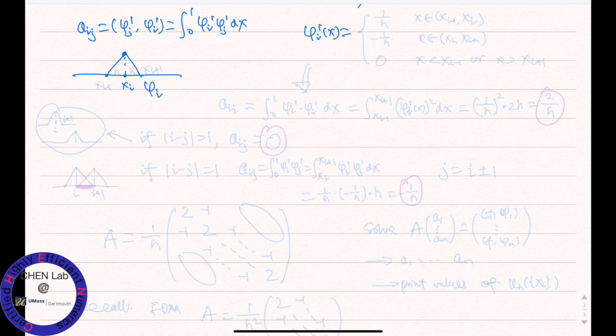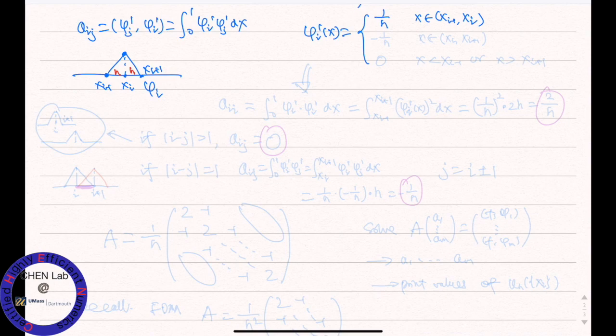So phi_i prime, we clearly just take the derivative. Okay, here is x_{i-1}, here is x_{i+1}. The derivative is the slope. Okay, what's the slope? We know the little segment here is h. So we know phi_i prime is equal to 1 over h when x is between x_{i-1} and x_i, okay?